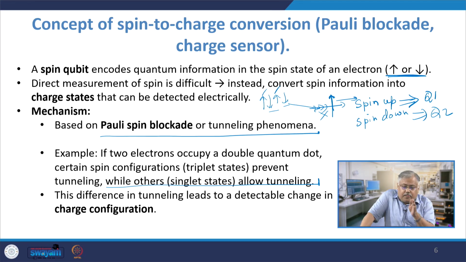So if a spin up state, as I discussed, is Q1 and spin down state is Q2, and there is a substantial difference between Q1 and Q2, then I can predict the value of the spin depending upon which charge, Q1 or Q2, is highest, and therefore I can predict the charge configuration in a much better manner in this case.